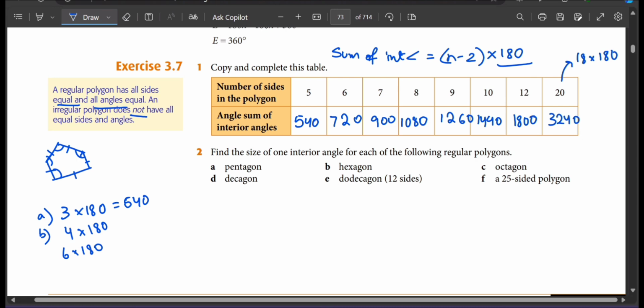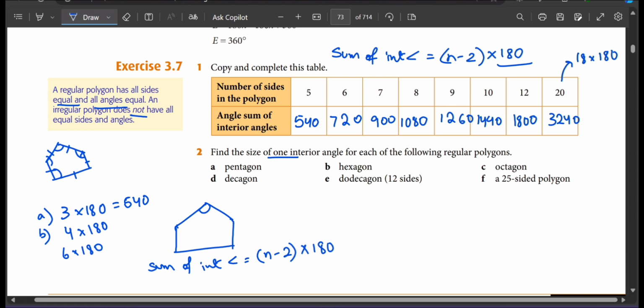Alright, find the size of one interior angle for each of the following regular polygons. So for pentagon, imagine this is a regular pentagon. I'm bad at drawing. They have told us to find the size of one interior angle. For finding an interior angle, we know the sum of interior angles is going to be n minus 2 into 180.